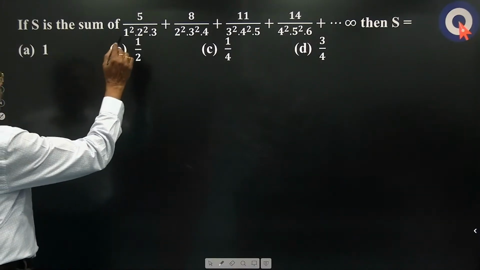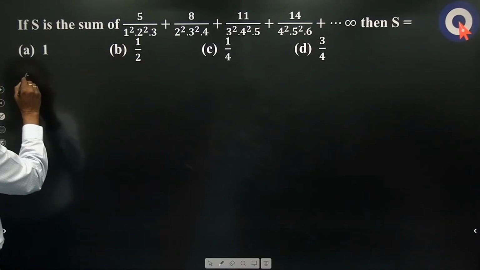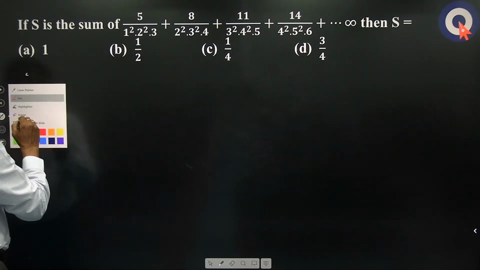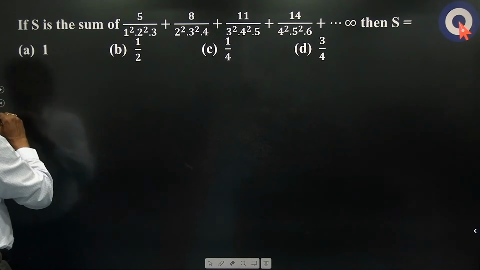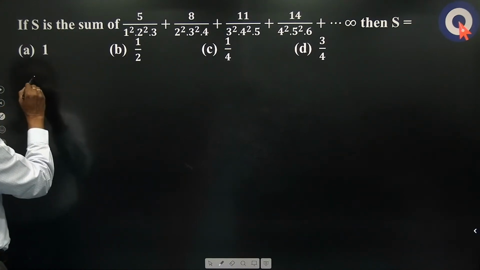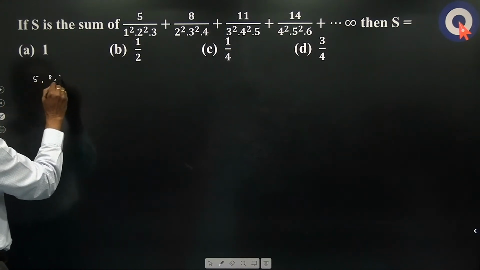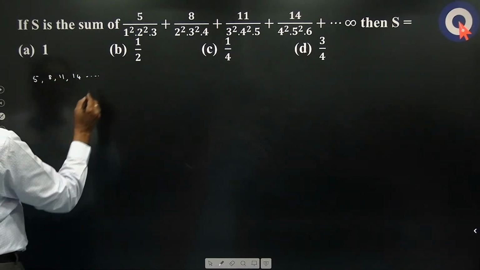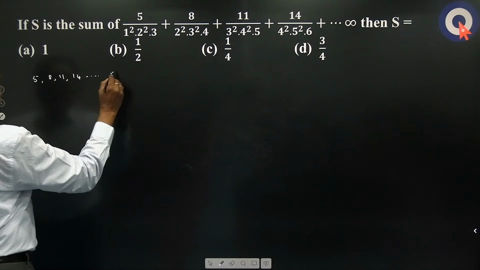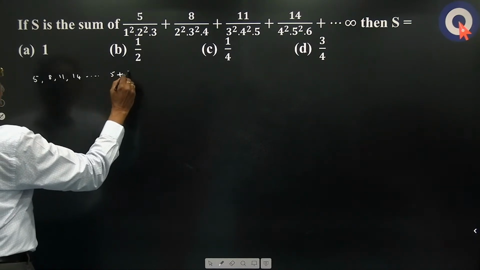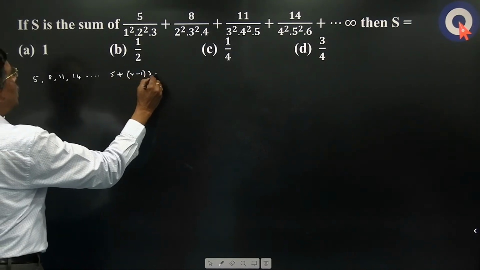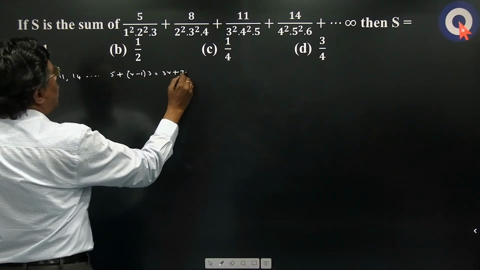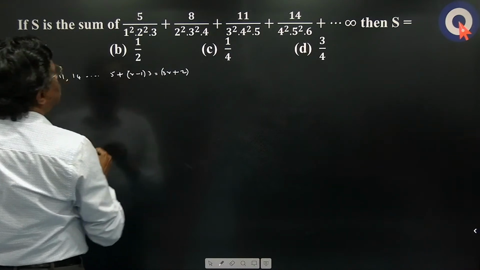So here, if I see the terms on the numerator, we have 5, 8, 11, 14 and so on. Therefore, the rth term will be a plus r minus 1 into common difference, which is 3. So I get 3r plus 2.